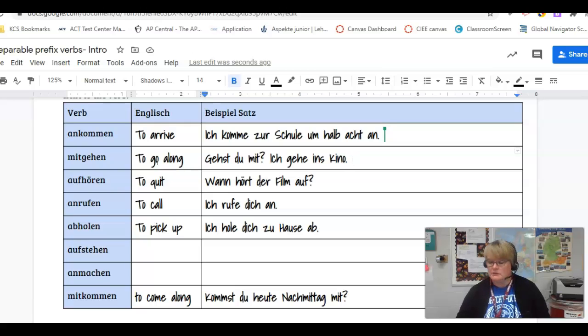Also again, gehst du mit? I put my ending that matches du and my mit goes at the end. You could have come up with something different. This is your sentence, so you write one. If you are not sure if yours is correct or not, feel free to ask me and I'll take a look at it.